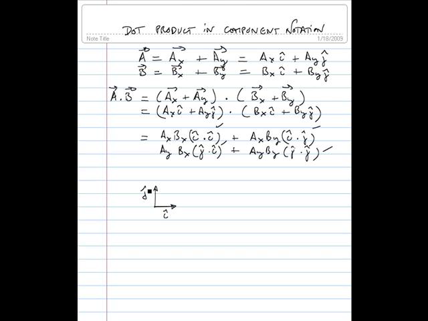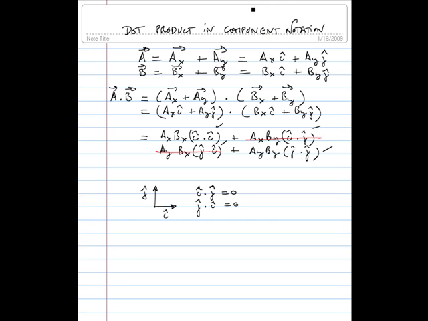And I know from the property of the dot product that if two vectors are perpendicular, the angle between the two is 90 degrees, therefore the cosine is 0, therefore i dot j will give me 0. Since the dot product commutes, j dot i will also give me 0, which means that this term and this term are just 0.